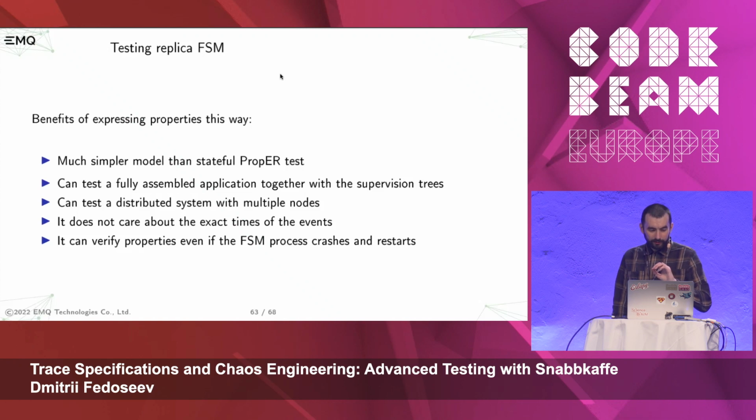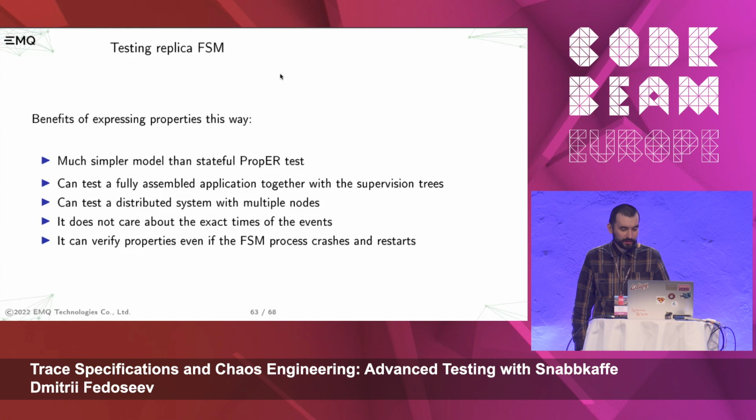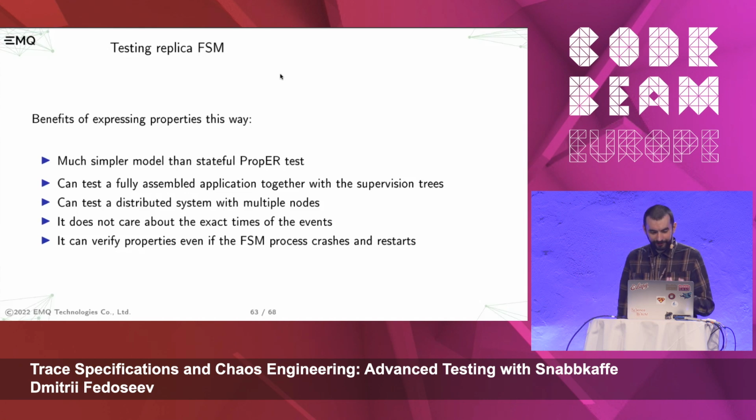So we only specify the expected causal relationship between the state transitions as a pure function operating on a list of historical events. Execution of a test case and verifying the properties are completely untangled.